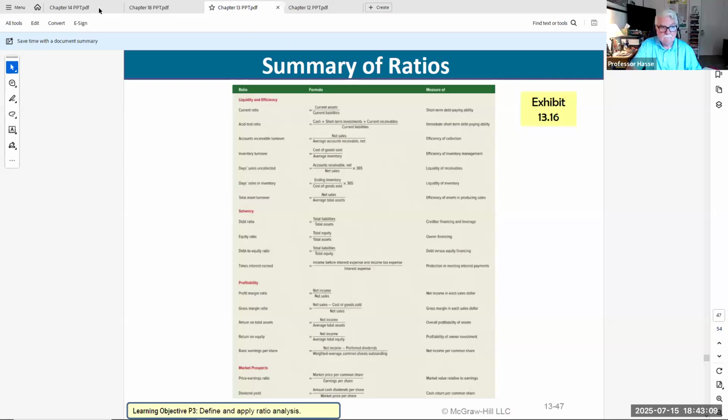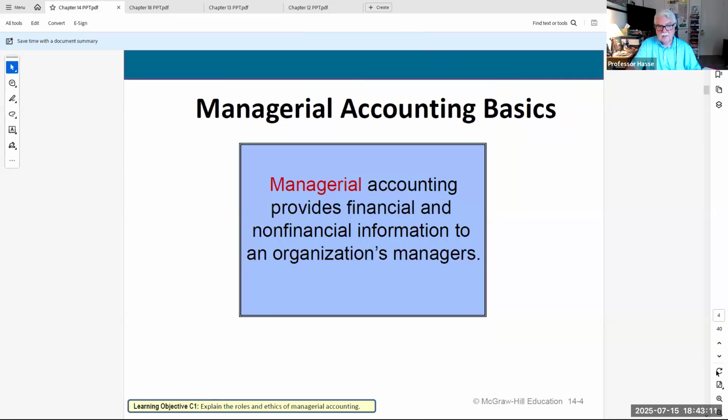Okay, so let's talk about managerial accounting. And I'm sure many of you in your current jobs, many of you in your current responsibilities in your companies probably are more managerial accounting people than you are financial accounting people.